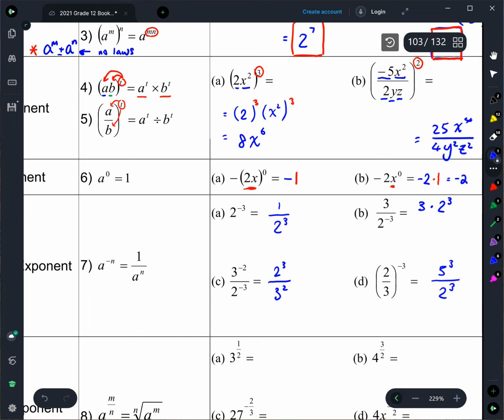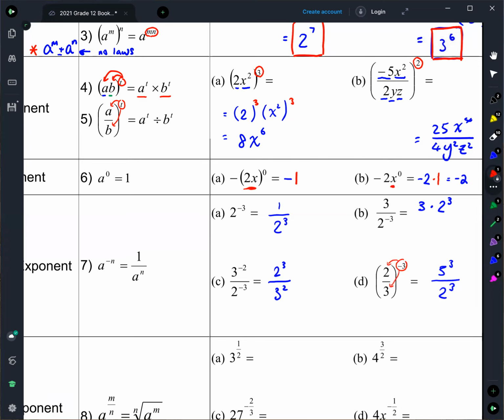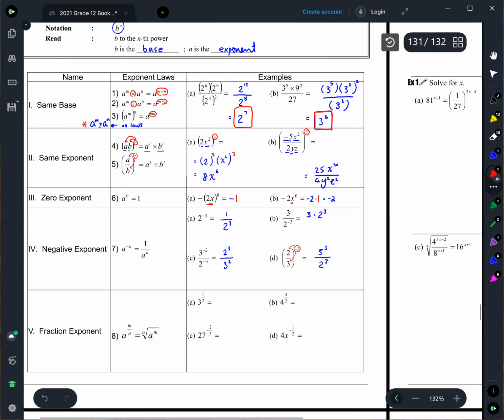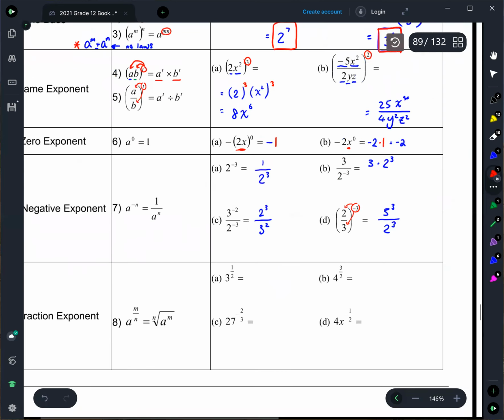Okay, so everything on the inside flips, because of the negative exponent. From law number 5, the -3 will share the exponent, so they both get the negative to flip. Of course, if they say evaluate, then you continue to find the answer.